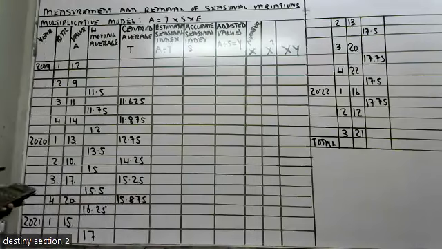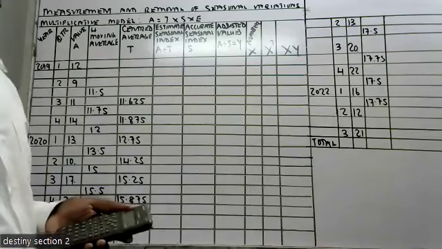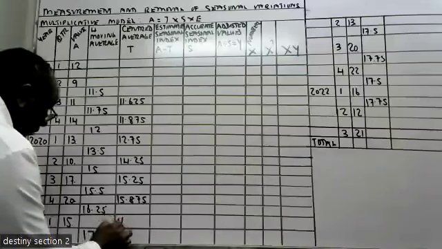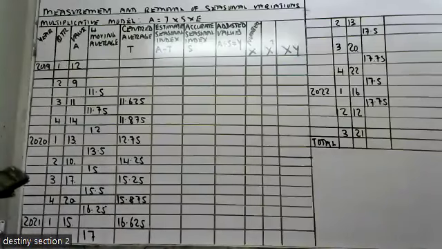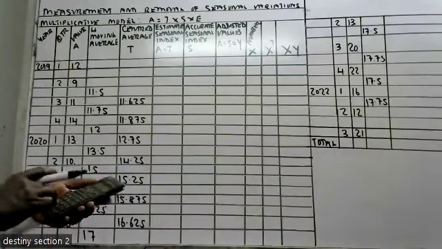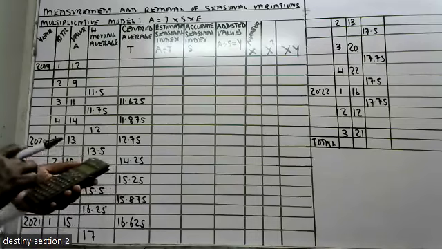Let's take 16.25 plus 17, divide by 2. 16.625. Let us take 17 plus 17.5 divided by 2.